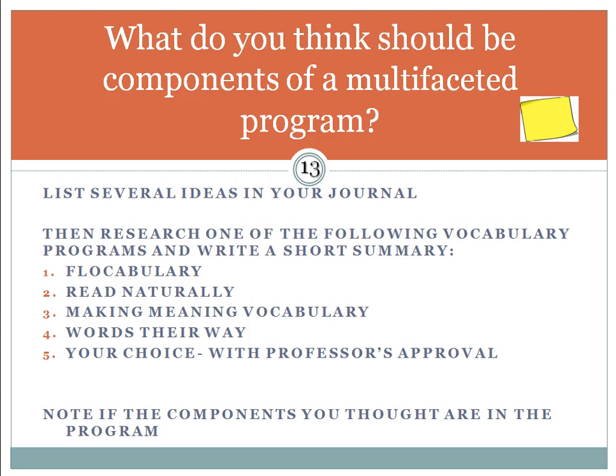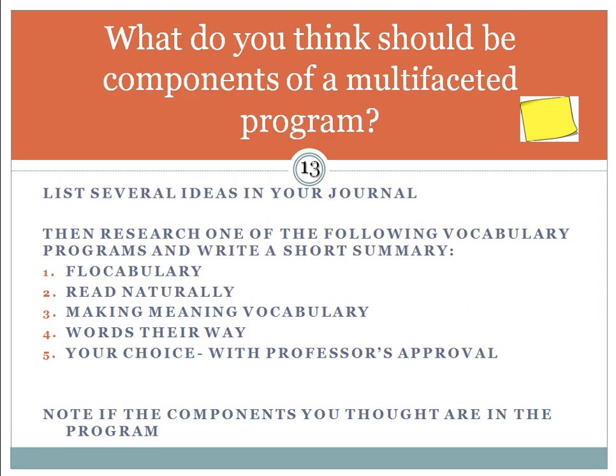Flowcabulary is a great program, but I know you have to purchase it. So unless it's available in your school, you still might want to find out about it to see if your school would like to purchase it. You can find out information online. And at the bottom of the slide, remember how you can go down and look at the information, the different links are at the bottom.